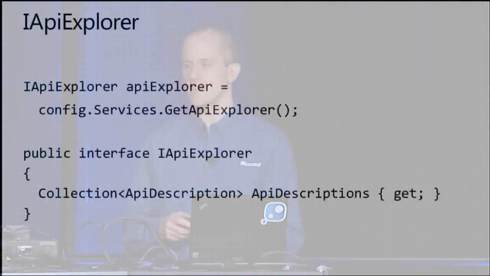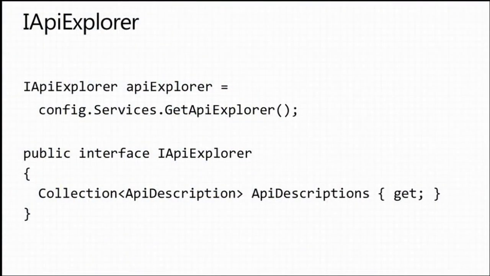In the release candidate, we've tried to make it really easy for you to build those types of help pages. What we've done is we've created another service that you can grab from the config. It's an API Explorer. What this will do is give you a full runtime description of your web API: all of the routes, all of the allowed HTTP methods for those routes. It will look for all the controllers, so it knows what the URI space actually looks like.